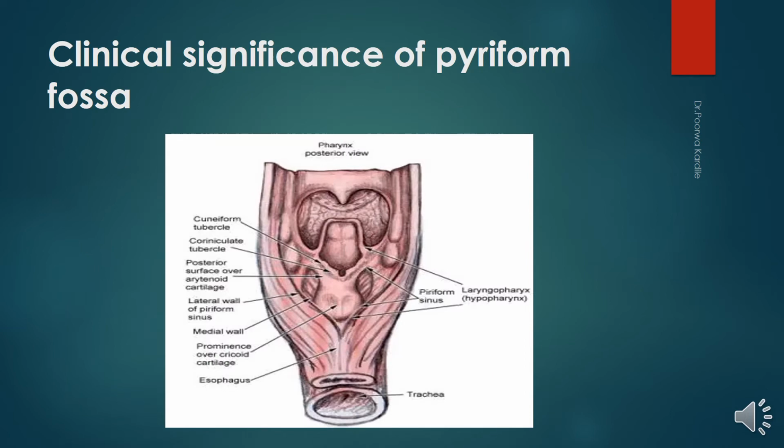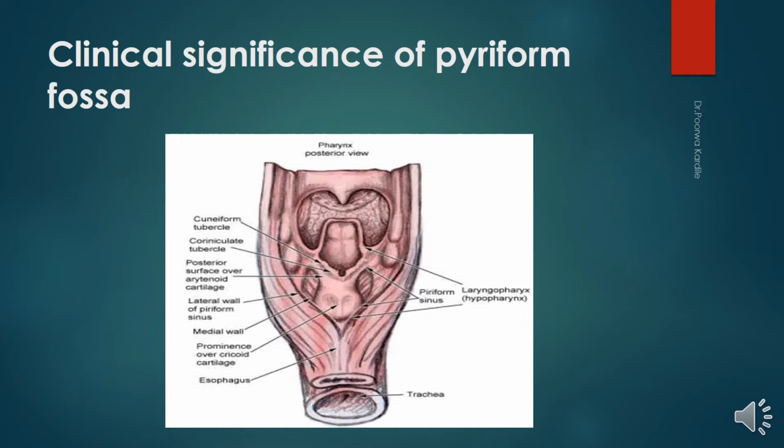On each side of the laryngeal inlet, the lateral wall of the pharynx presents a recess known as the pyriform fossa. Underneath the floor of the pyriform fossa, the internal laryngeal nerve and vessels are present. A foreign body entering the pharynx, like a safety pin or fish bone, may lodge in the pyriform fossa.